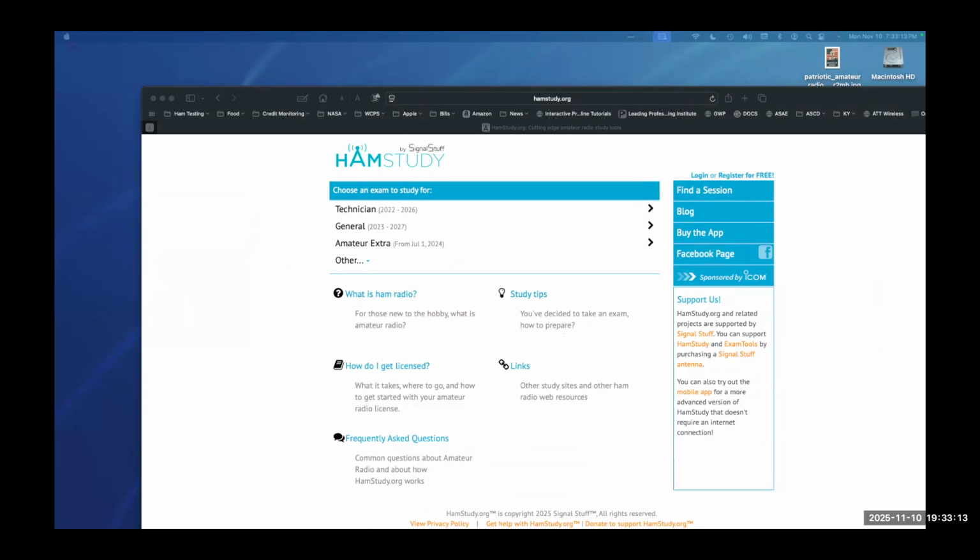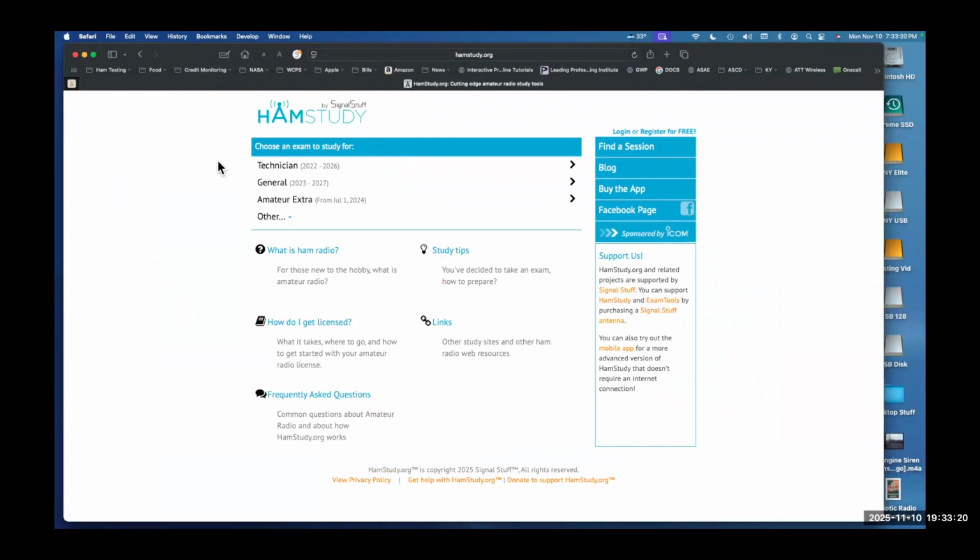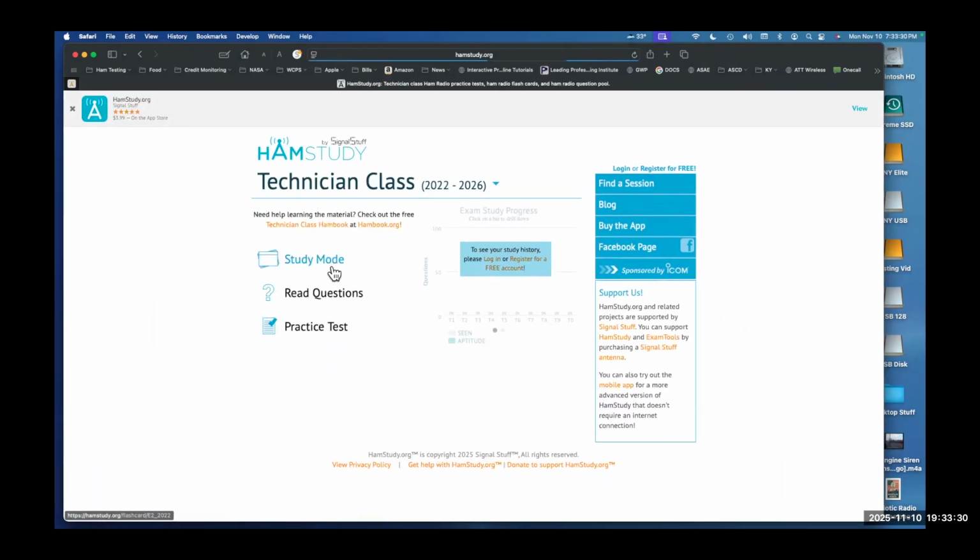All right. When I look over this way, I'm looking at another monitor. Can you see that I've got Ham Study up on my screen? Can everybody see that? Yep. Yes. Okay. All right.